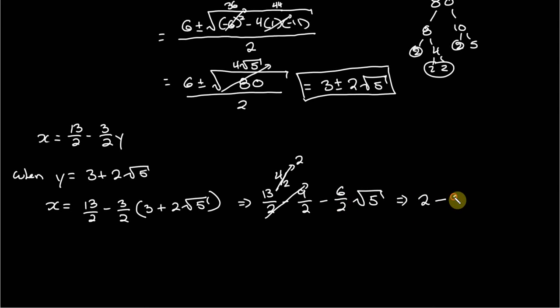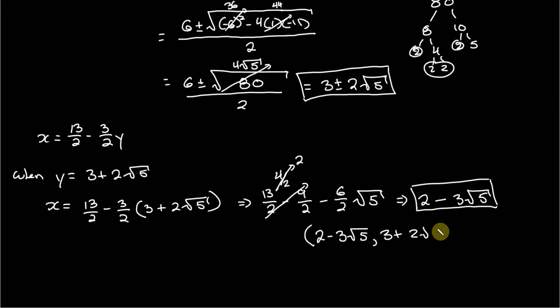So it's going to be 2 minus 3 root 5. 2 minus 3 root 5 is what x equals when y equals 3 plus 2 root 5. So our first set of coordinates is going to be 2 minus 3 root 5, comma 3 plus 2 root 5. So that's one point of intersection.